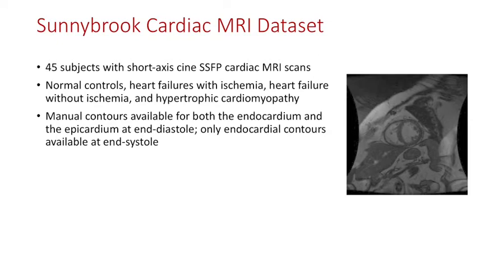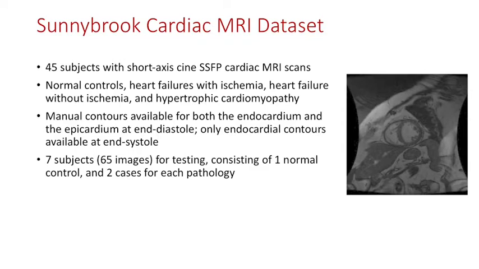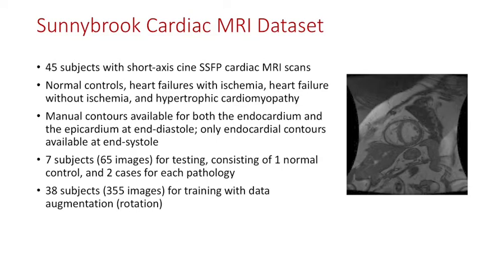We didn't use the data at end systole because only the endocardial contours were available. 7 subjects were chosen for testing, consisting of 1 normal control and 2 cases for each pathology. 38 subjects were chosen for training with data augmentation.